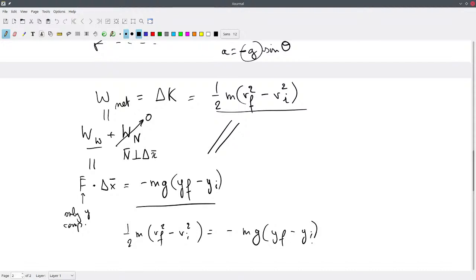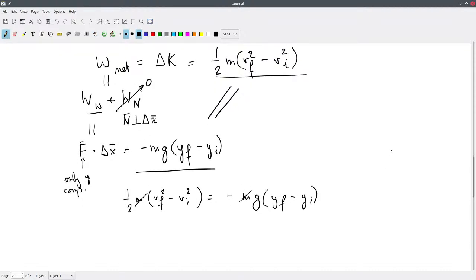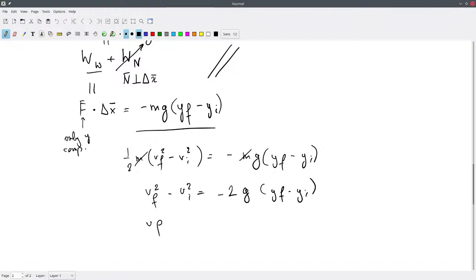Now, one of the things you'll see is that these masses drop out. We can rewrite this putting the 2 on the other side. So v final squared minus v initial squared is minus 2g (y final minus y initial). Or v final squared is v initial squared minus 2g (y final minus y initial).